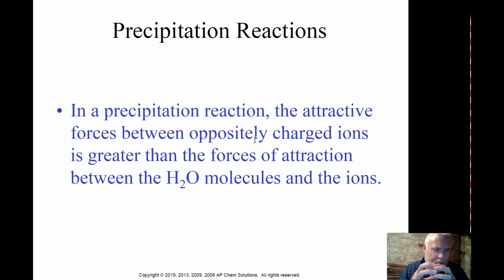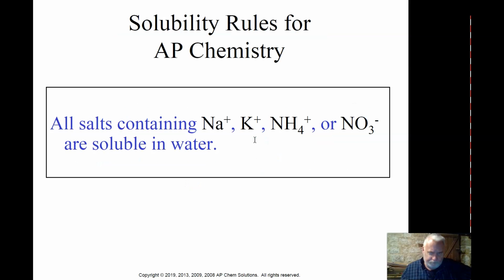And there's something about their nature that makes them want to form a solid even in the presence of water. So they overcome that property of water that usually keeps those ions separate, and they form a solid. So in order for this type of reaction to occur, you have to have an insoluble salt.